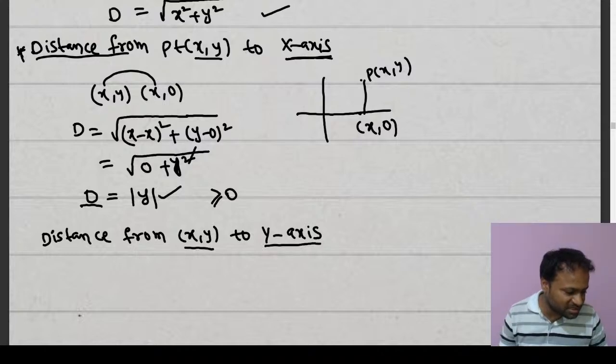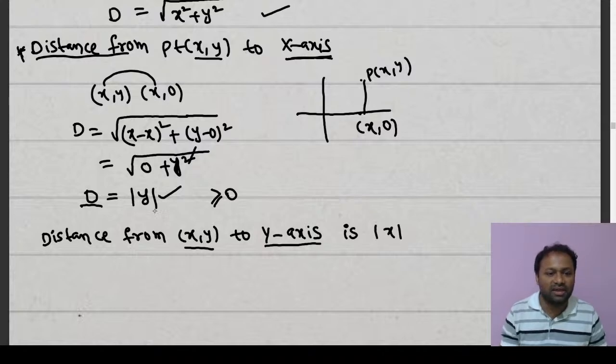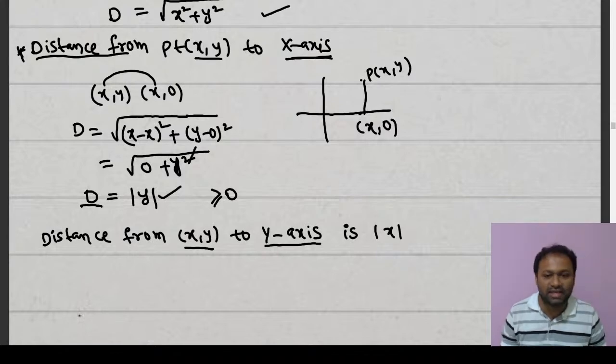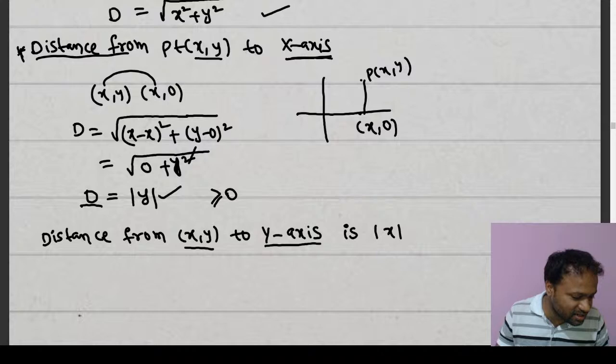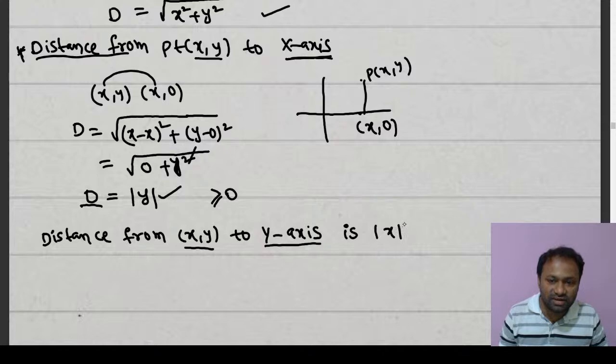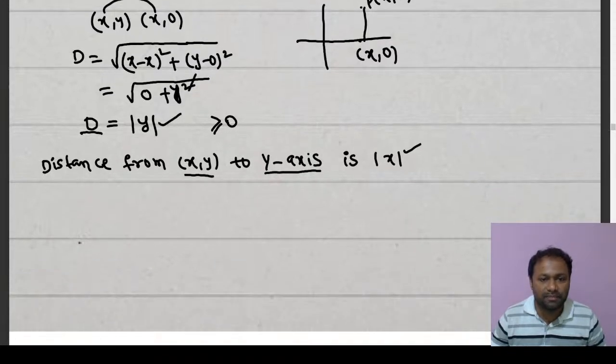Okay, I'm going to write its answer is mod x. From y means x, from x means y. I think that is the correct answer, mod x. So many persons did the correct answer. Nice one. So in entrance exams, if the question is given, we can apply the condition directly. Okay, right. Next, so this is about distance from point to another point.